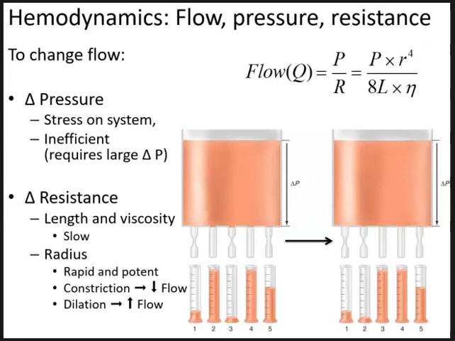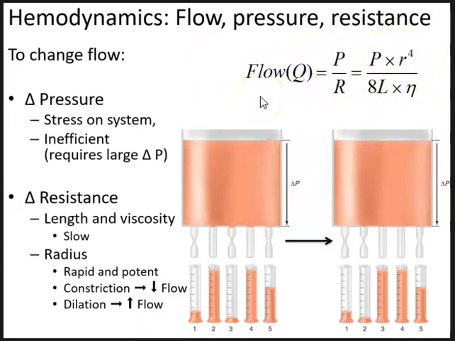So flow is regularly changed through changes of the radius of the blood vessels. We know that if we have vasoconstriction, we have a decrease in flow. If we have vasodilation, we have an increase in flow. So a decrease in the diameter or the radius of the blood vessels decreases flow, and an increase in the radius will increase flow, as we see in our formula here for flow.